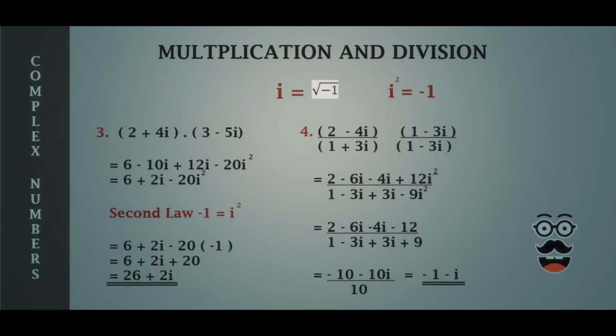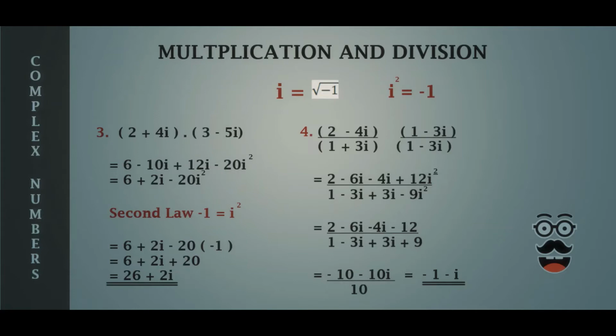According to the second law, i squared equals minus 1, we can write 12i squared as minus 12 and minus 9i squared as plus 9.